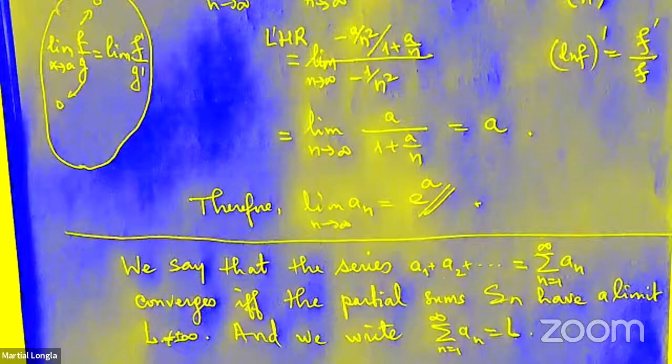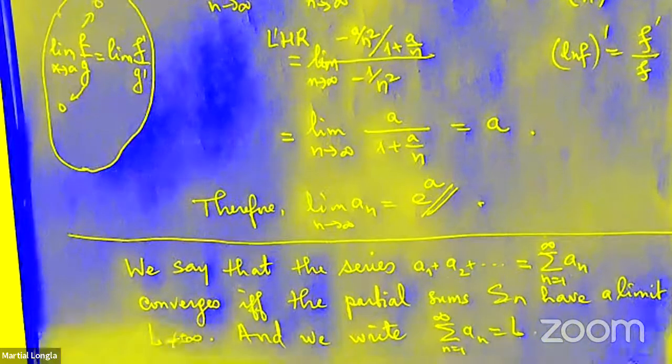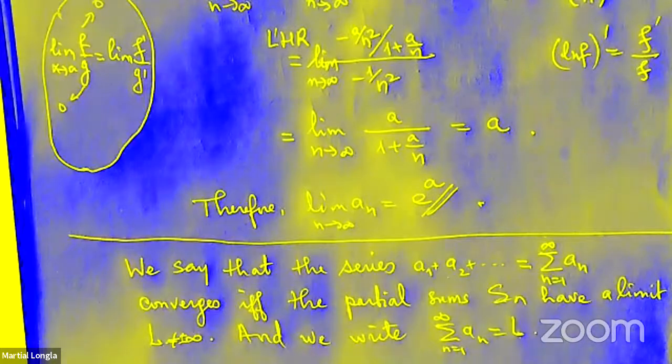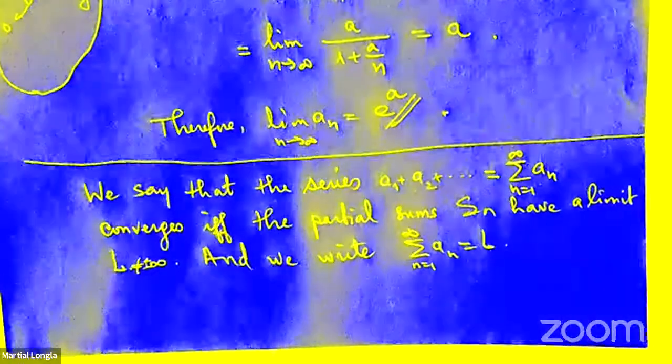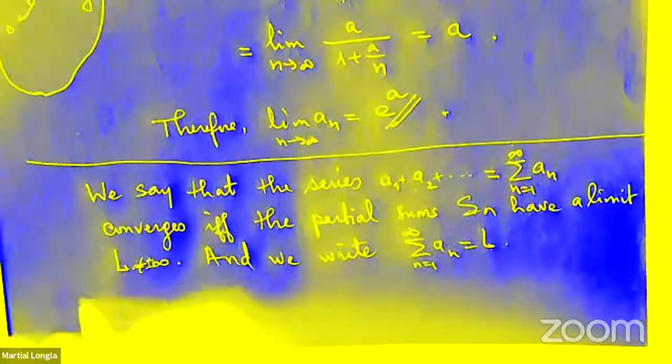So in our first example of integers, the sum of integers diverges because all integers add to infinity. All right. So if we add all integers, we go into infinity.